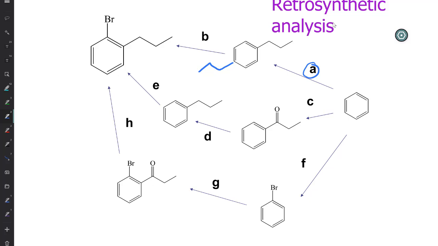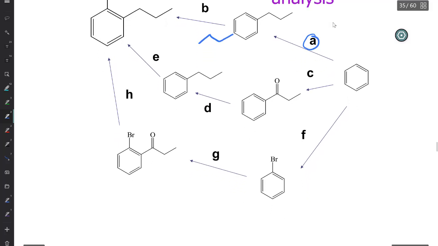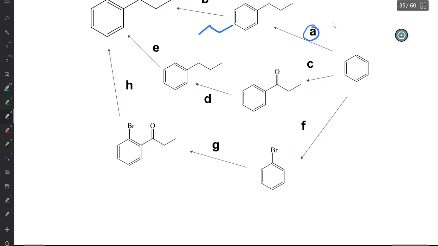Now, thinking about other pathways, you could either do the bromination first or do the acylation first. And I actually think that either one of these might be okay. There's one more step, and I'll talk about that because we really haven't discussed protecting groups in this kind of chemistry. But from pathway C, you can do the acylation, then do the reduction.